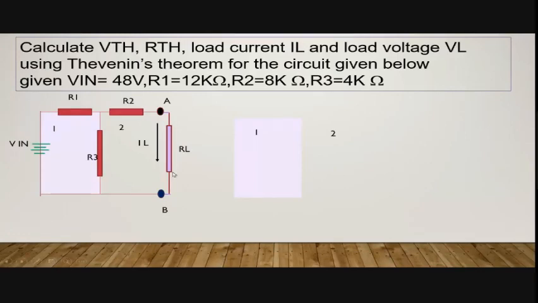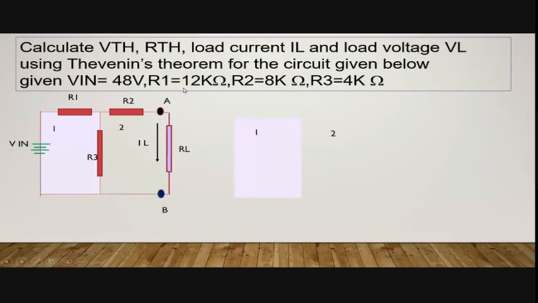Now please copy down this problem. Calculate VTH, RTH, load current IL and load voltage VL using Thevenin's theorem for the circuit given below. So we are using the same circuit here. Here it is given V in equal to 48 volts.